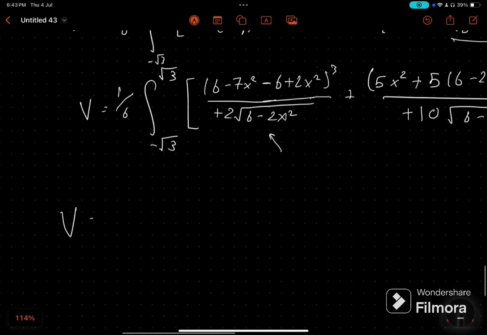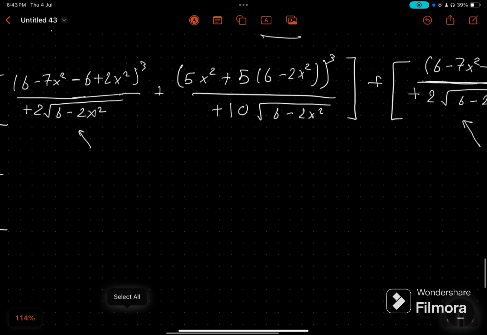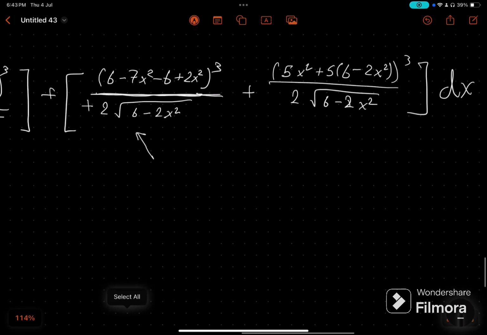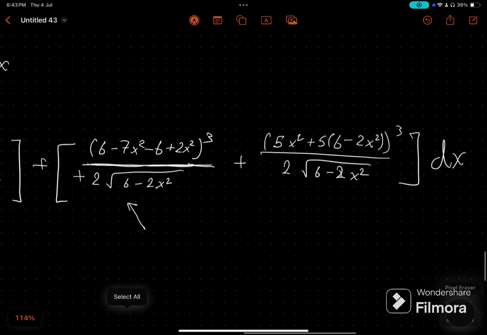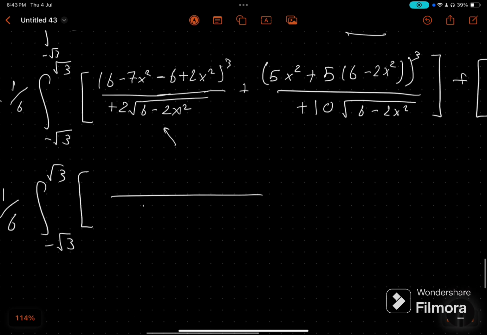So V equals 1 over 6, integral from minus 3 to 3 of, let's try to simplify. And here is 10. So we can have a common denominator of 10 times the square root of 6 minus 2x squared.